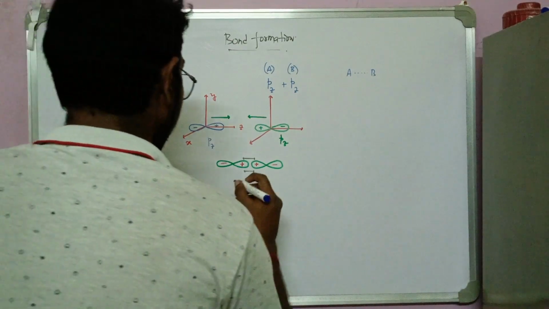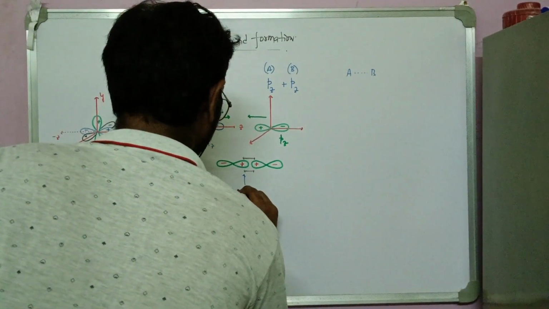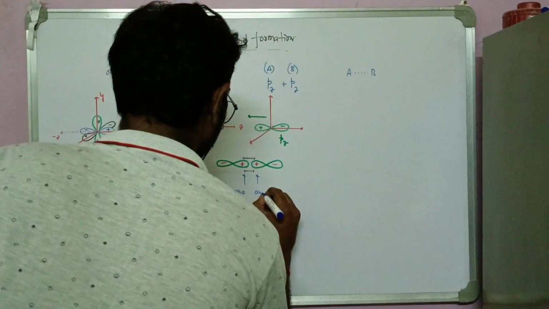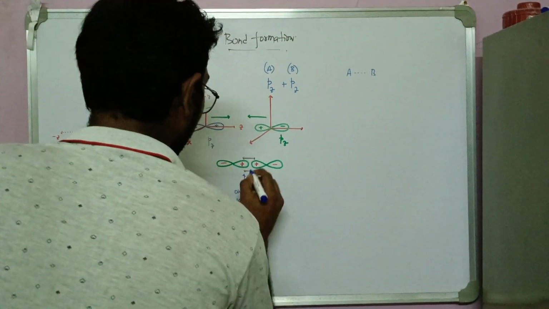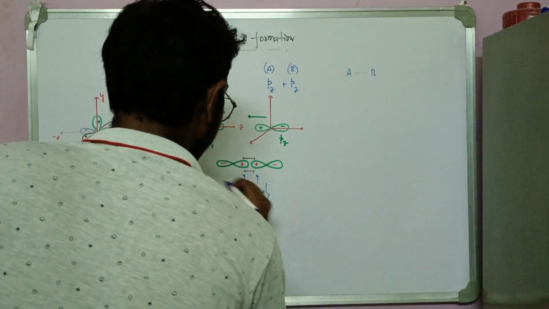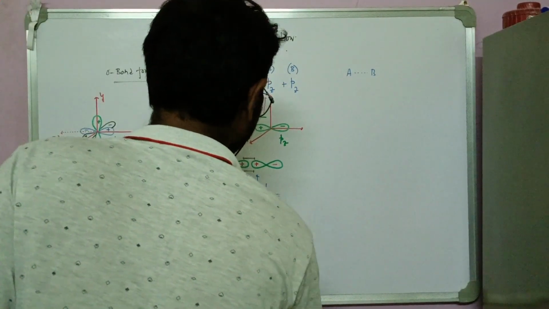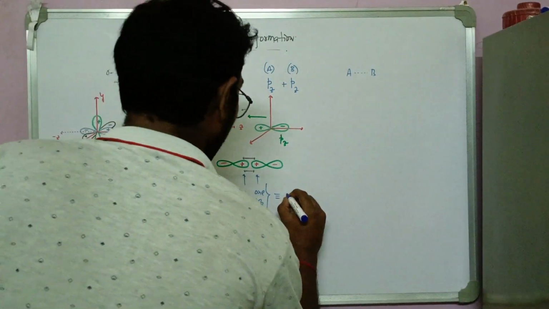So you can clearly see that this is one lobe and this is one lobe. So this is a one lobe interaction. So by this interaction, sigma bond will form.